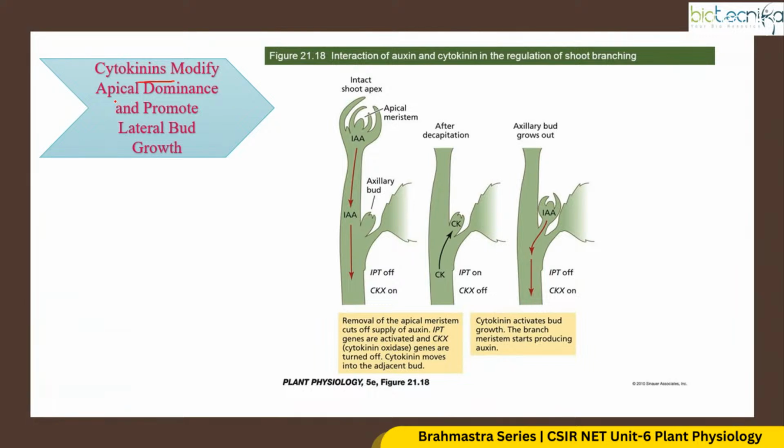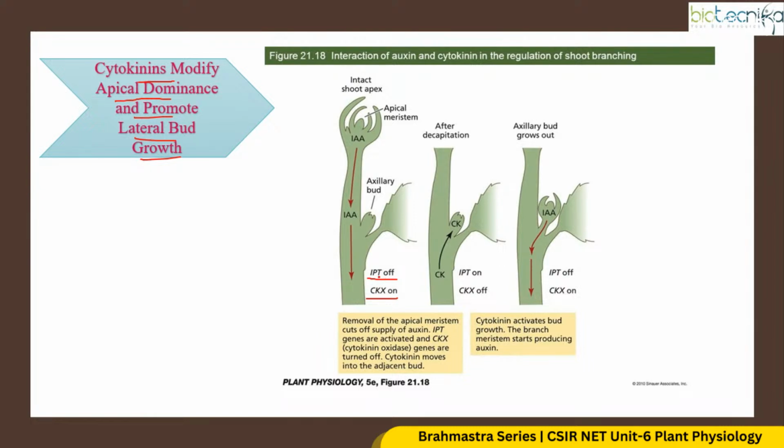Cytokinin will modify apical dominance, promoting lateral bud growth. So remember, apical dominance, as mentioned by Sarita, is carried out by auxin, whereas lateral bud growth is carried out by cytokinin. Here, the IPT gene is off and the cytokinin oxidase gene is on.